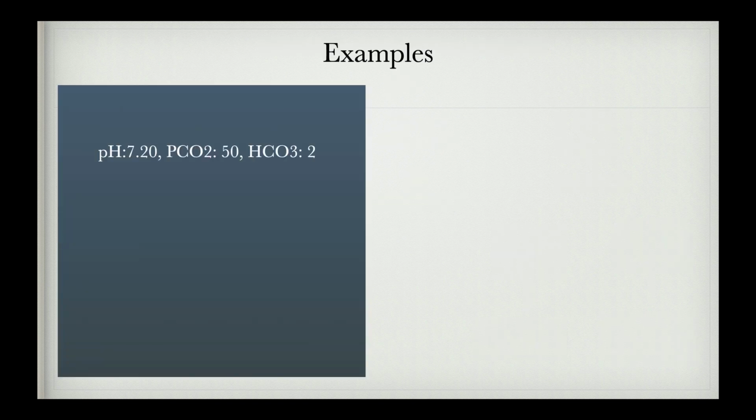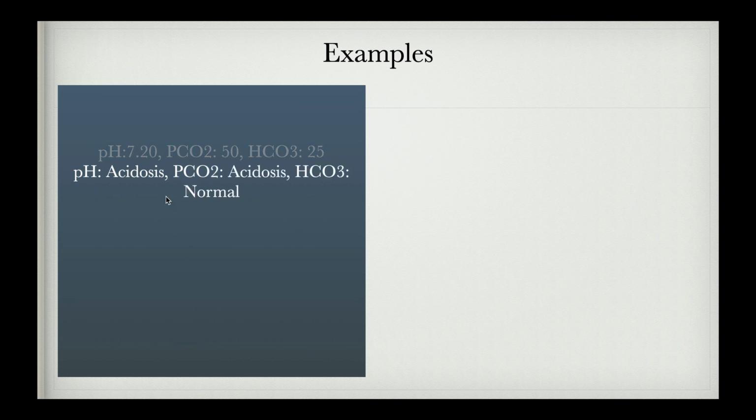Now let's look at some examples. If a patient comes with a pH of 7.20 and a carbon dioxide of 50, as well as a bicarbonate of 25, what it means is that the pH is low, and so we are having acidosis, and the carbon dioxide is high, and so we are still having acidosis.